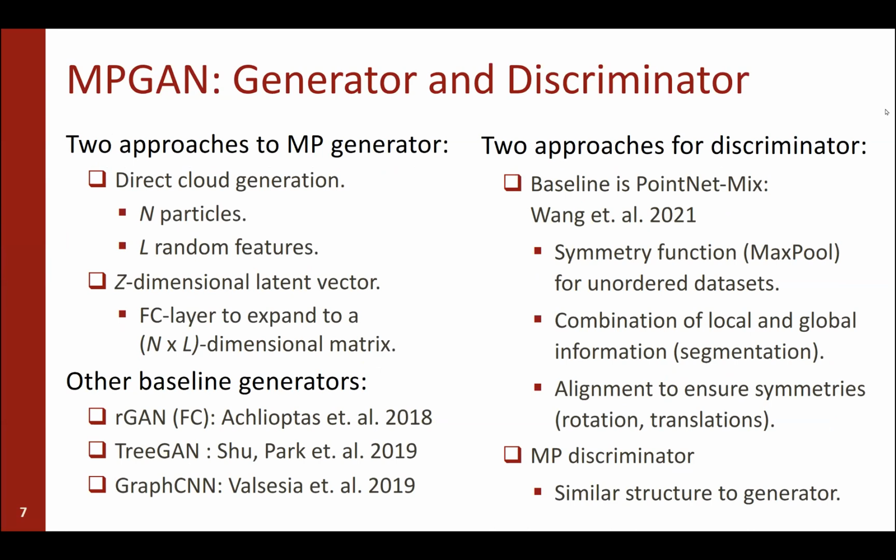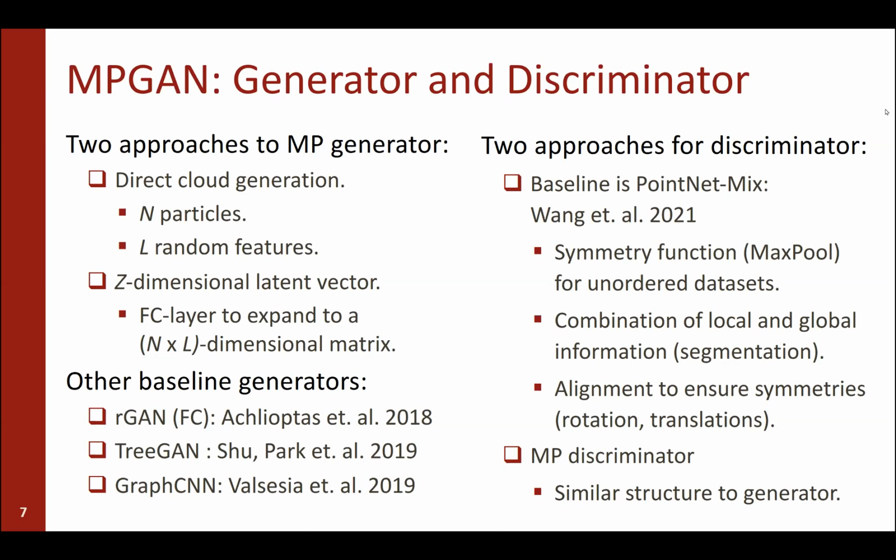So we steal this idea from the variational autoencoder world, and then use yet another fully connected layer to expand to the n times L dimensional matrix that will represent the particle cloud. And then these we have to pit against some other generators. And here are some generators, rGAN, TreeGAN, and GraphCNN that we chose as our benchmarks.